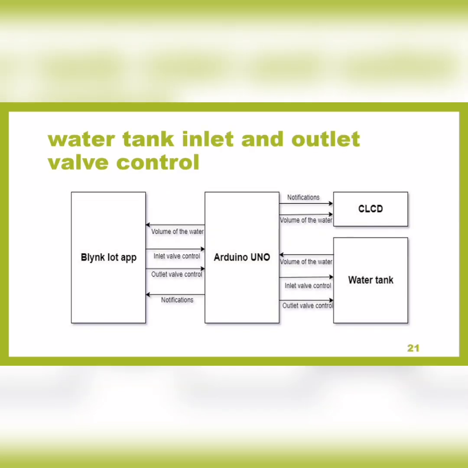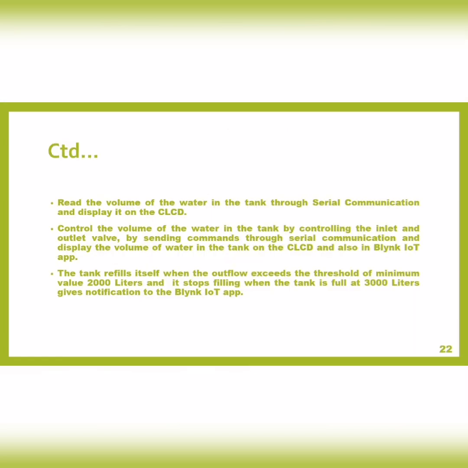Next topic, water tank inlet and outlet valve controller. The figure represents the block diagram of the water tank inlet and outlet valve control. It reads the volume of water in the tank through serial communication and displays it on the CLCD. It controls the volume of water in the tank by controlling the inlet and outlet valves, sending commands through serial communication, and displays the volume on the CLCD and also in the Blynk IoT app.